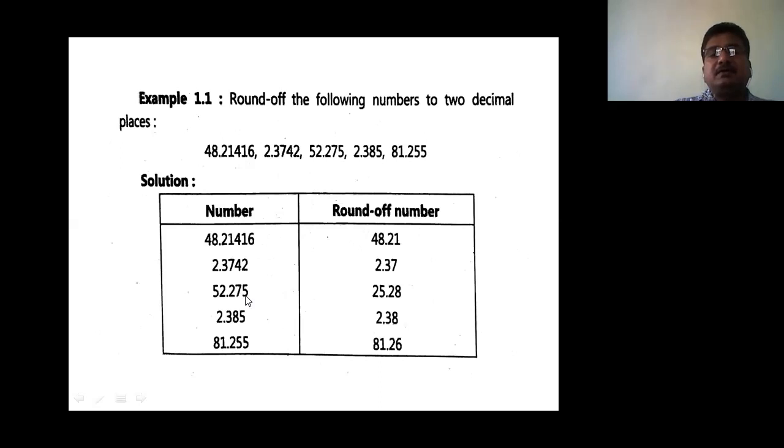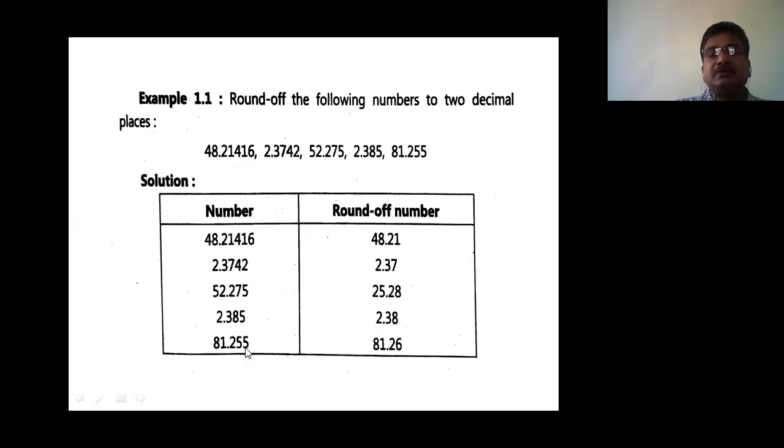If the first discarded digit is exactly 5, and the previous digit is odd, then increase by 1. So it becomes 28. And here we have to remove this 5. If the first discarded digit is exactly 5, and the previous digit is even, then no change. So the number is rounded to 2.38.